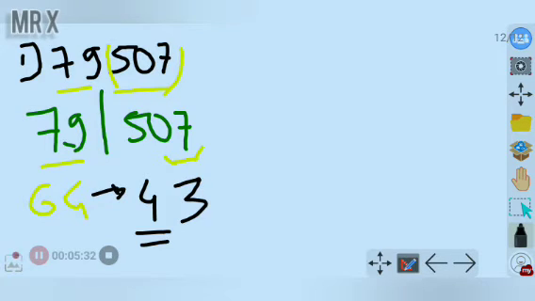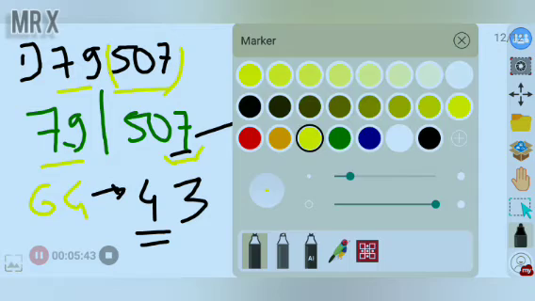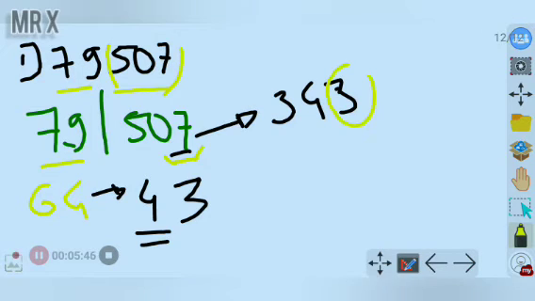So how does it come? Just because the cube of 7 is 343, the end digit of the cube is 3. So here is the final answer.